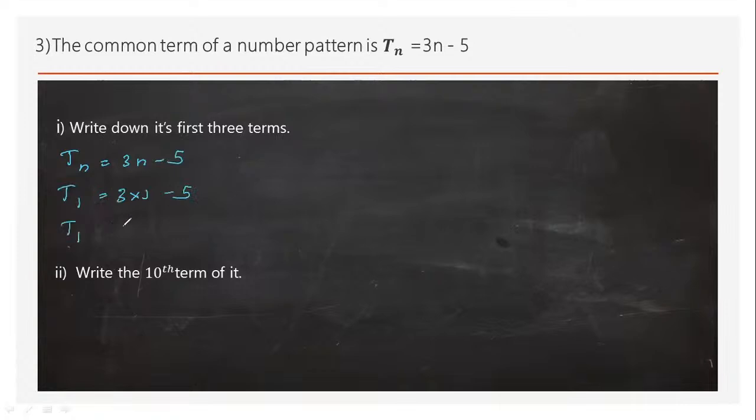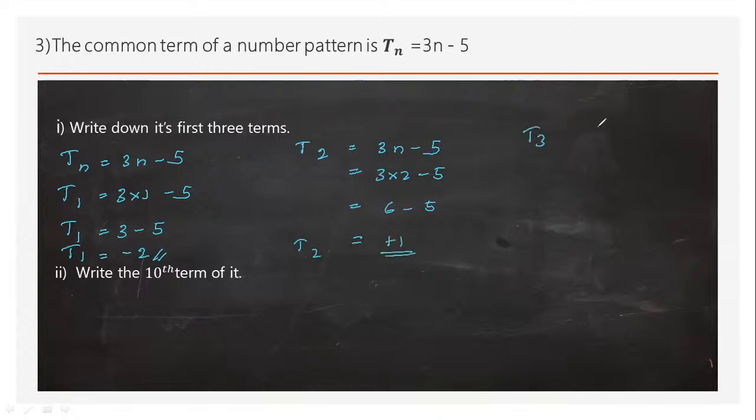T1 equals 3 minus 5. T1 equals minus 2. The first term is minus 2. Second term: T2 equals 3n minus 5, 3 into 2 minus 5, 6 minus 5. Second term T2 equals plus 1.